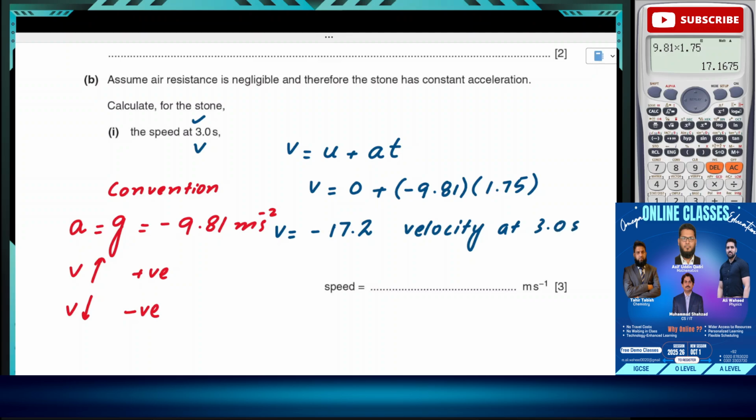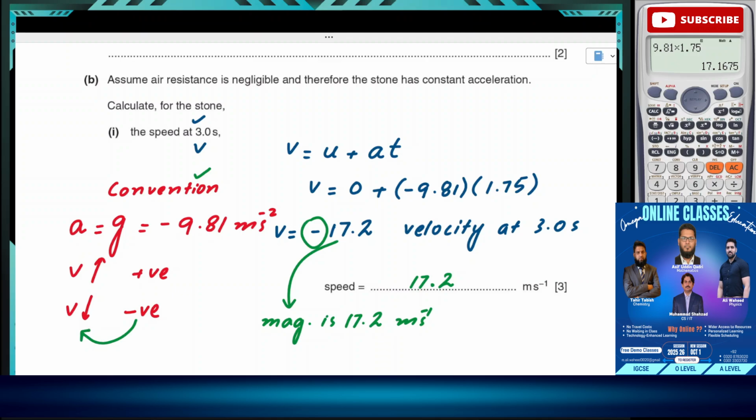And you know two things from here. One of the things that you know is that the magnitude of velocity is 17.2. If they ask you about the magnitude of velocity only, 17.2 meter per second, and magnitude of velocity is also known as speed, which is 17.2. But you also get additional information that this velocity is with the negative sign. Since you use the convention, according to the convention, the velocity should be negative only if the velocity is downwards.